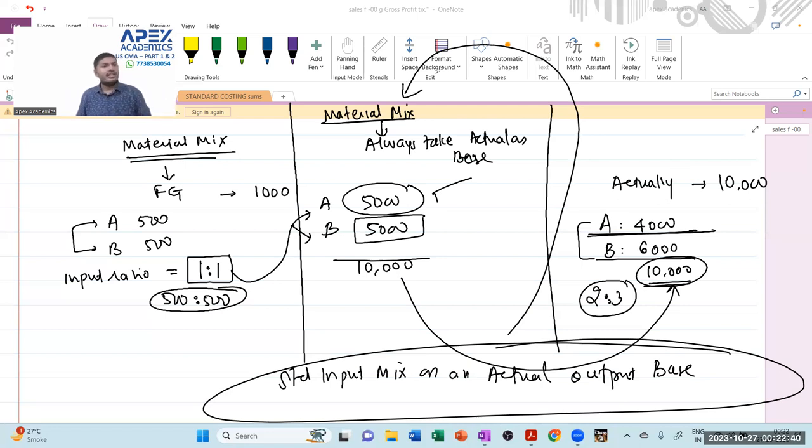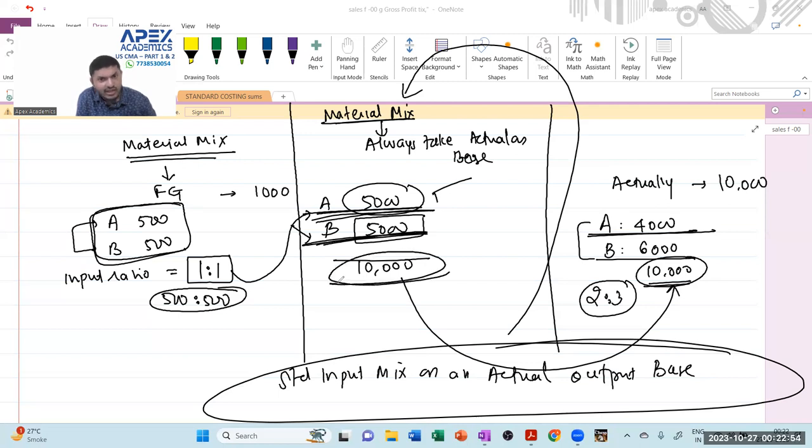I want to see that as per my original planning, what should have been the inputs of the materials for achieving this actual level of output. To achieve this actual level of output, if I went by my standard, how much input would I need?